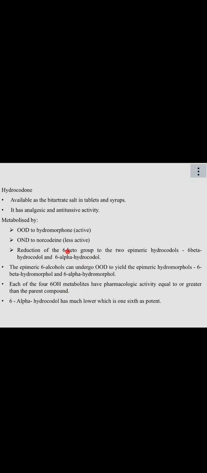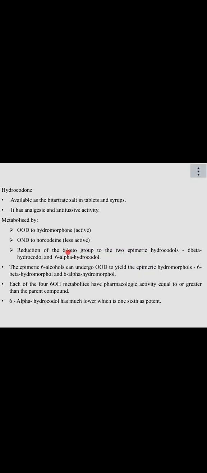And of course, the metabolism of the compound is structure dependent, and the route of metabolism for sure would depend on what group you have at position number 3, what group you have at position number 6, what group you have at position number 17.